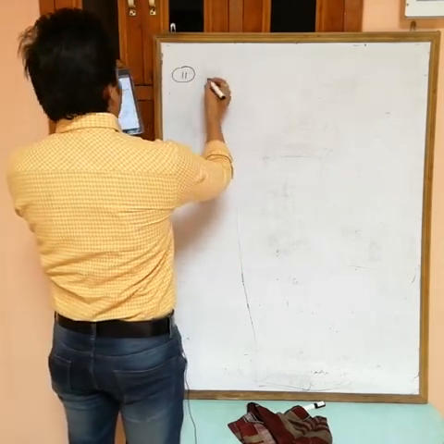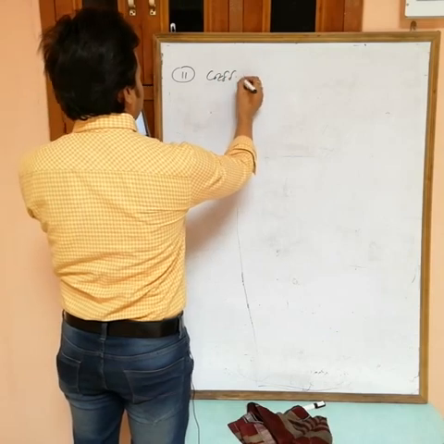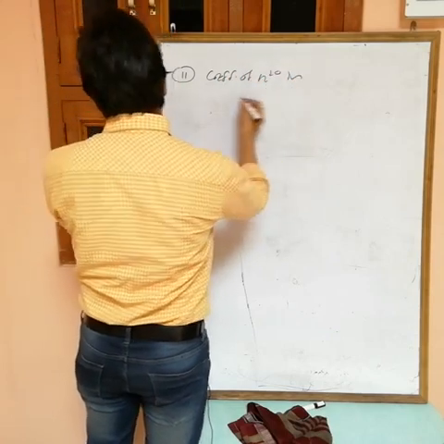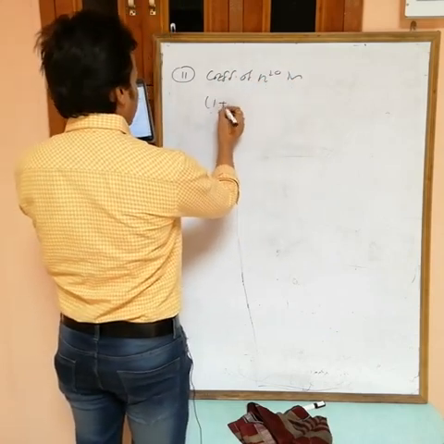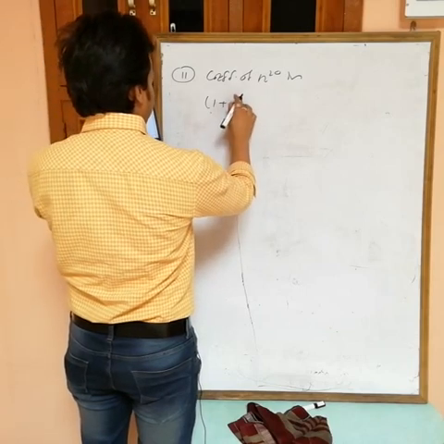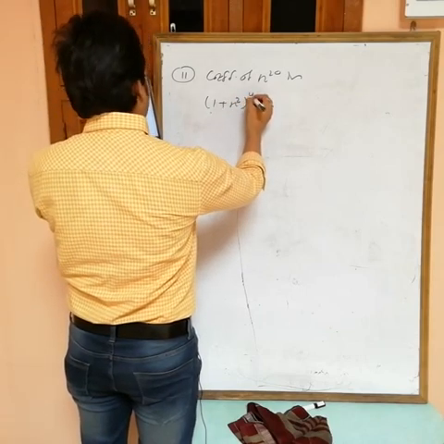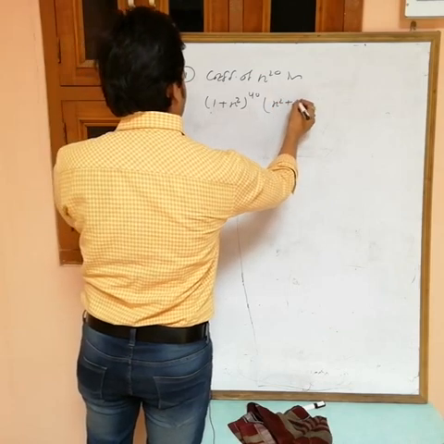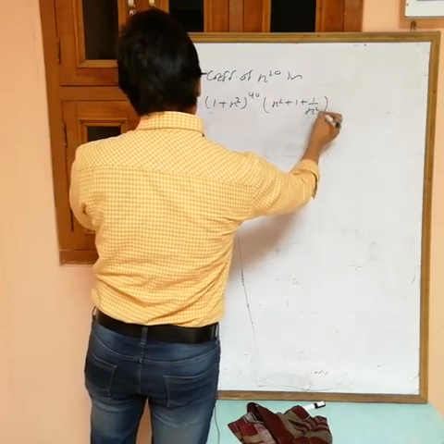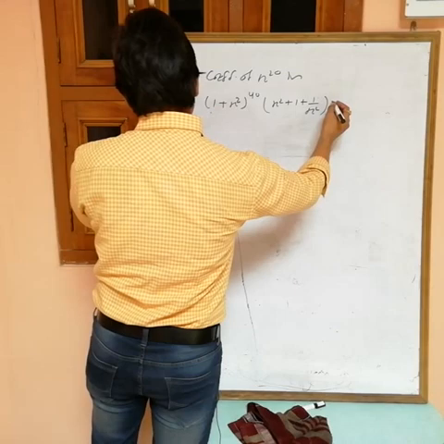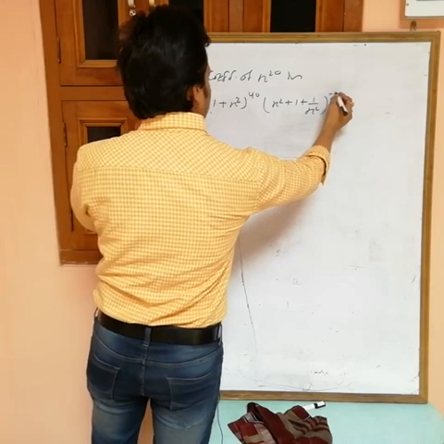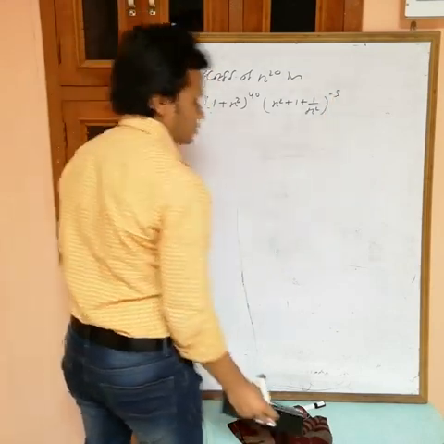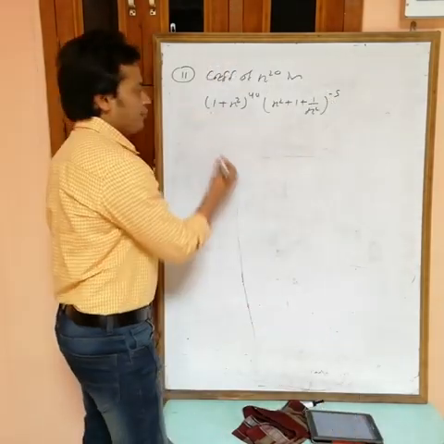11th: coefficient of x²⁰ in (1 + x²)⁴⁰ (x² + 1/x² + 2)⁻⁵. And the coefficient of x² in this one. First simplify.